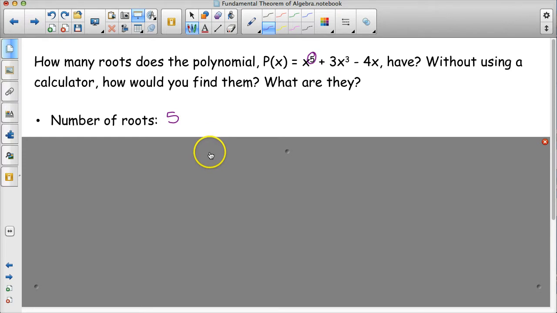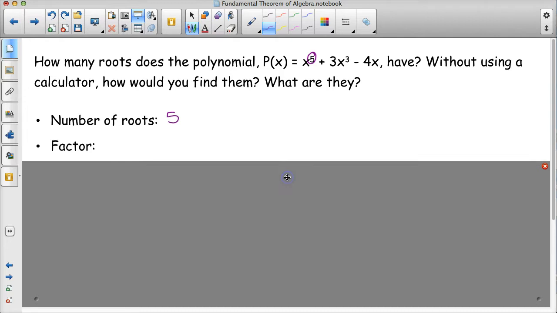Are they all real roots? Don't know. Are they all rational roots? I don't know that either, but I do know there are 5 roots. So how can I find these roots without using my calculator? Well, I can factor it. And as I'm looking at my polynomial, I notice that all 3 terms have an x in common.